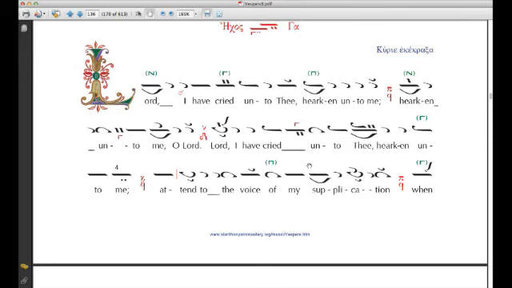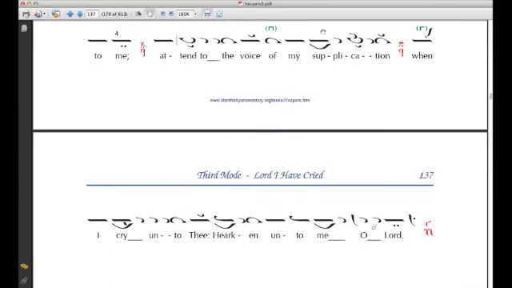Lord, I have cried unto thee, hearken unto me. Hearken unto me, O Lord. Attend to the voice of my supplication when I cry unto thee.